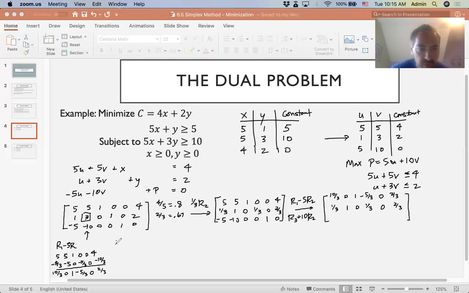And then for row 3 plus 10 times row 2, we have 10/3, 10, 0, 10/3, 0, and 20/3. That gives negative 5/3, 0, 0, 10/3, 1, and 20/3.